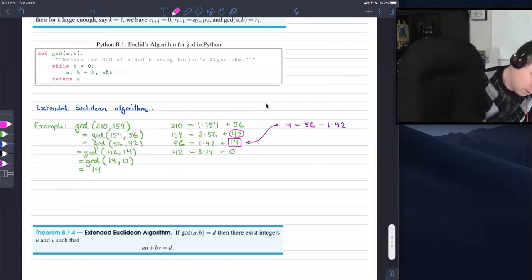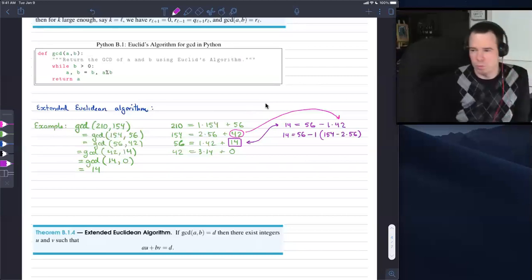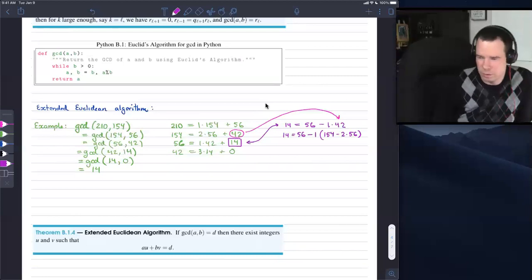If I take this expression for 42 and plug it in here, then 14 is equal to 56 minus 1 times, what is 42? 42 is 154 minus 2 times 56. So I've just replaced the 42 with what it is in terms of 154 and 56.